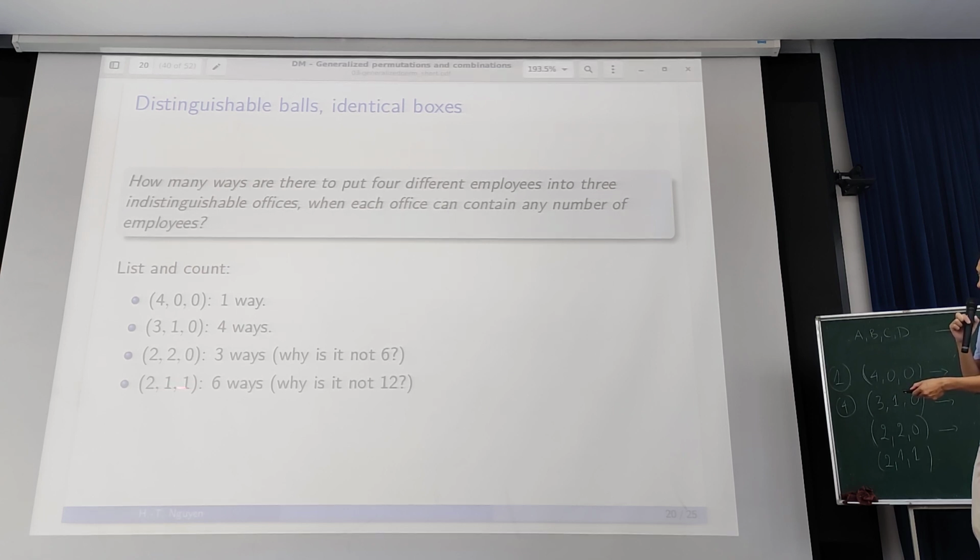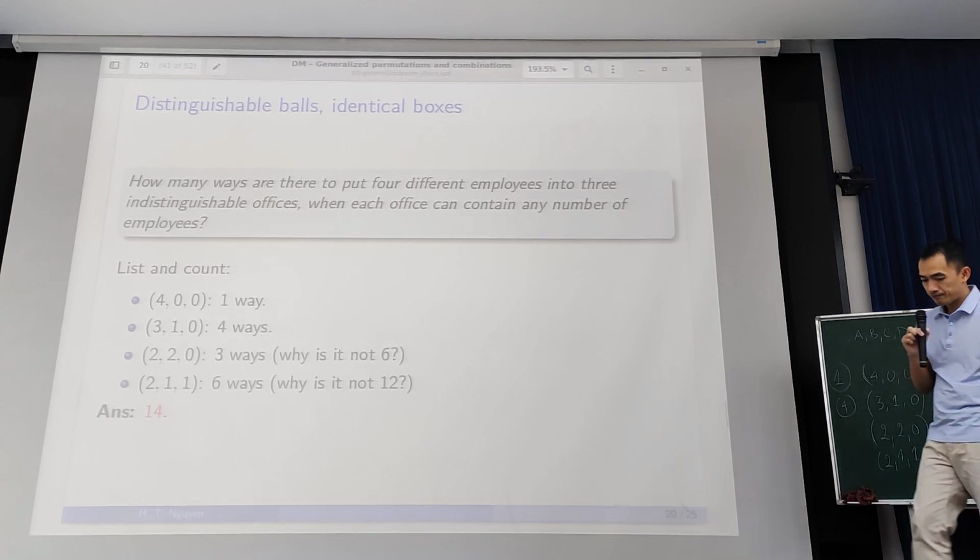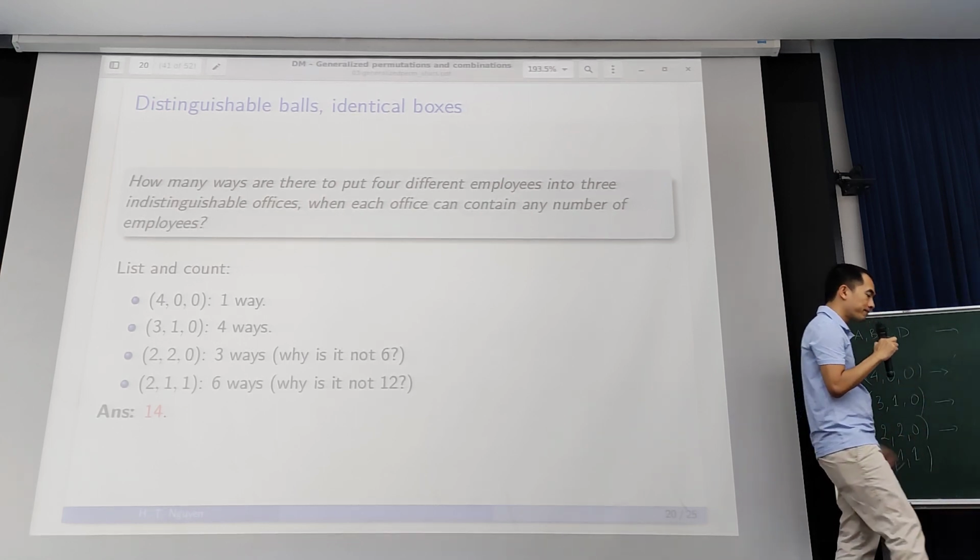So by swapping these 2 offices, in fact you have double the number of true possibilities. So you have repetition here. So you have to take 12 and divide it by 2 factorial. So you get 6. So the final answer is 1 + 4 + 3 + 6 = 14.